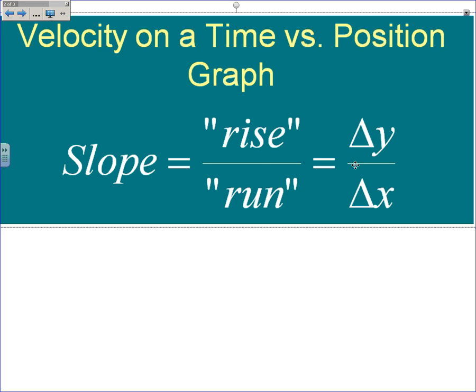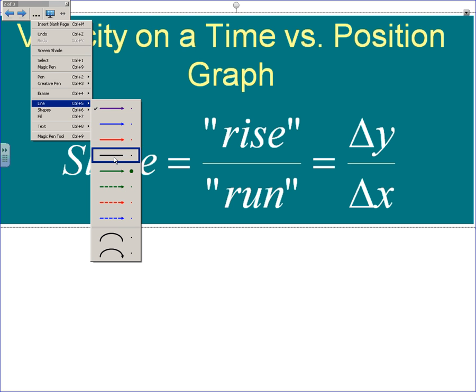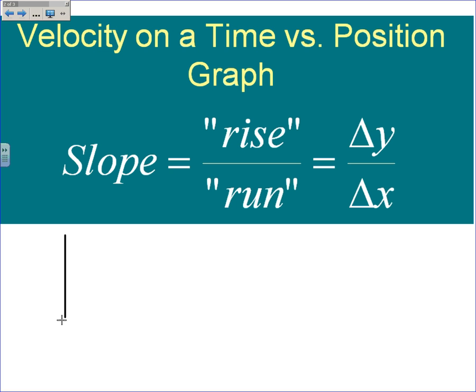If we look at the slope of this graph in particular, I'm going to make myself a little time versus position graph, just like this. I want to make sure that position measured in meters is on the y-axis, and time measured in seconds is on the x-axis. And I'm just going to draw myself a graph that looks something like this.